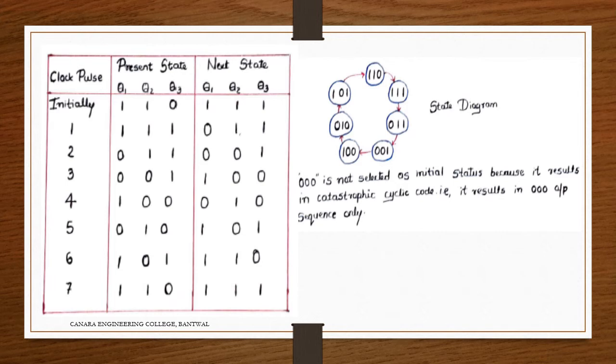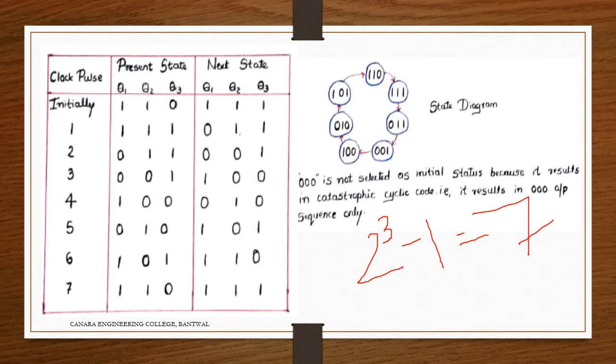So what is that? By the term 2 to the power of 3 minus 1, where 3 represents the number of stages here, this is 7. So after 1, 2, 3, 4, 5, 6, 7, the next one, the 8th, again it will be the same thing. The same sequence will be repeated, and it will be a cyclic one.